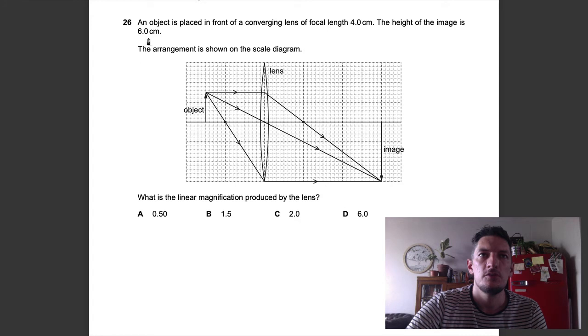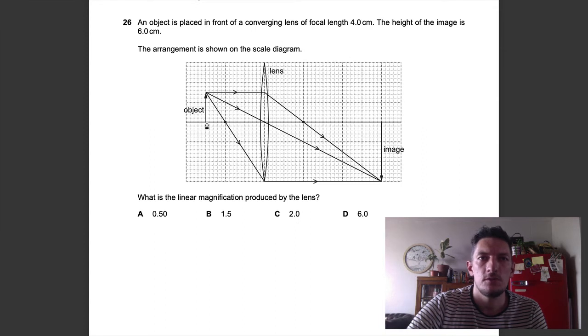The image is bigger than the actual object. Oh wait, no. Let me just read out the screen. Focal length is 4 centimeters. So there's our focal length there. That's 4 centimeters, and that's also 4 centimeters. So in other words, 1 square is 4 centimeters.